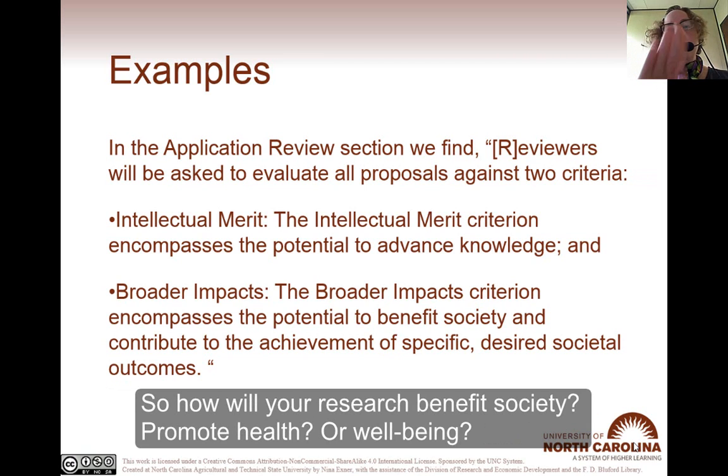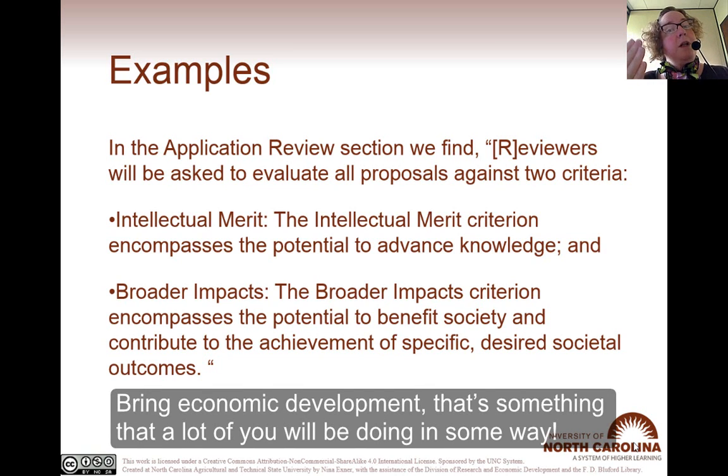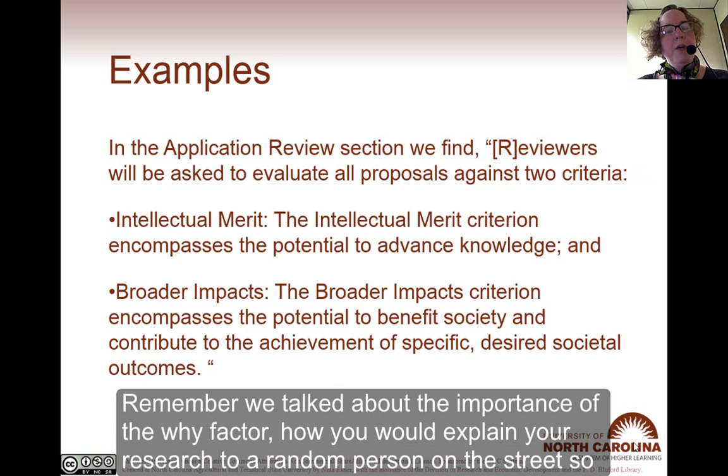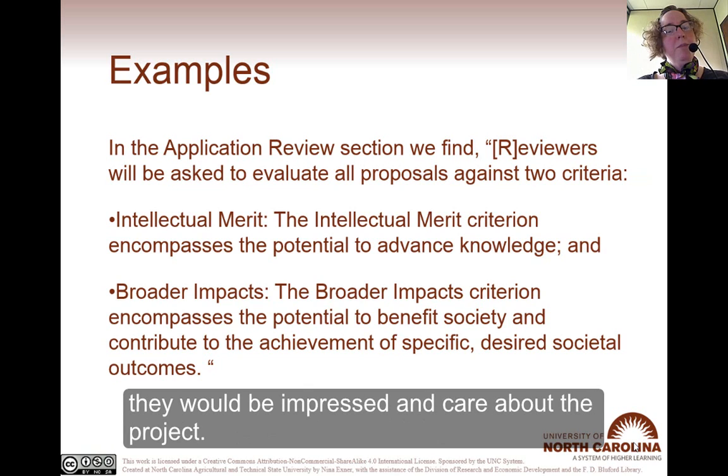So, how will your research benefit society? Promote health or well-being, maybe bring economic development. That's something that a lot of you will be doing in some way. Remember, we talked about the importance of the why factor, how you would explain your research to a random person on the street so they would be impressed and care about the project.